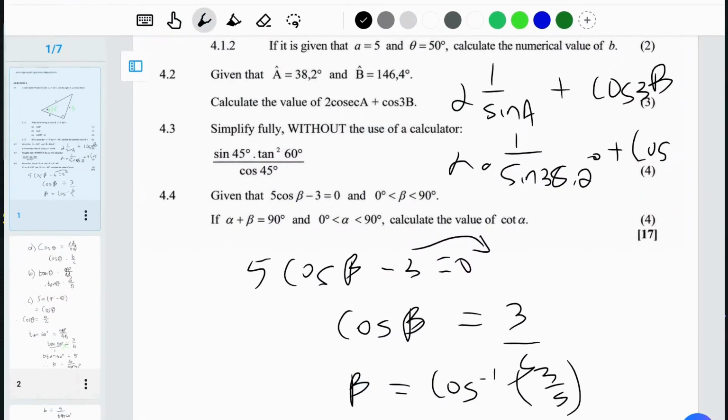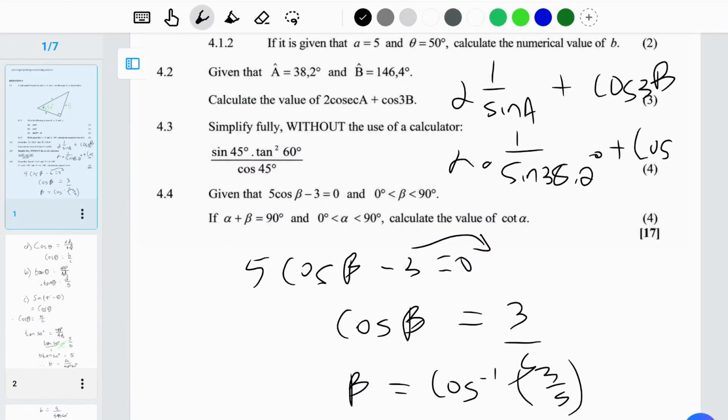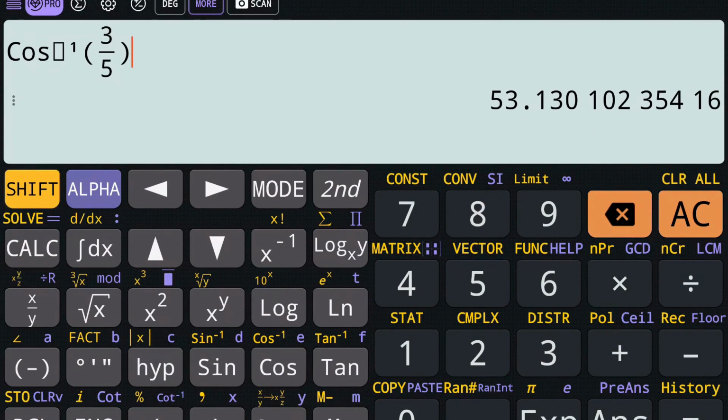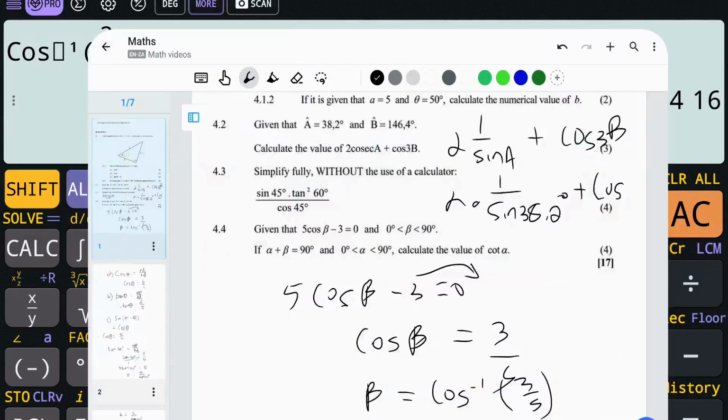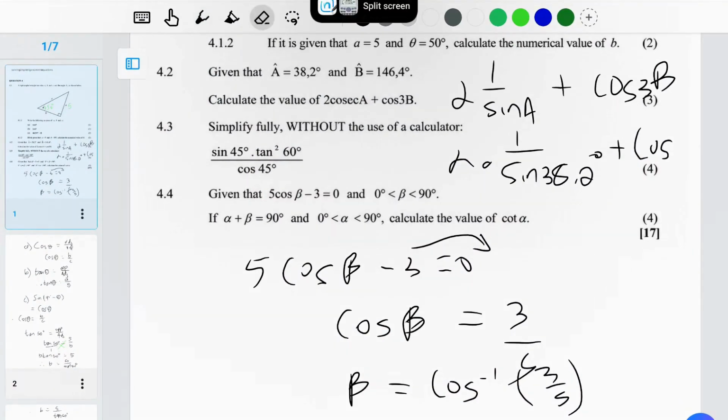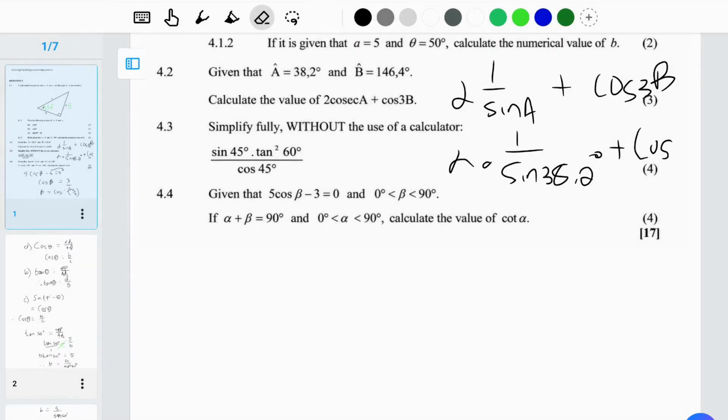So we know now that beta equals 53.130 degrees. We've just found an unknown.